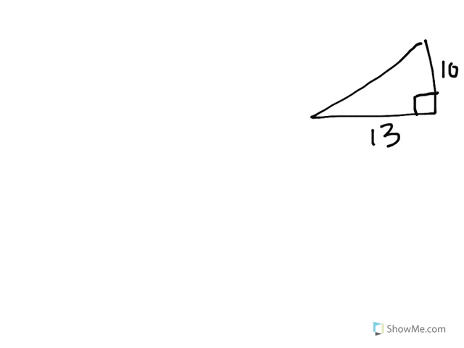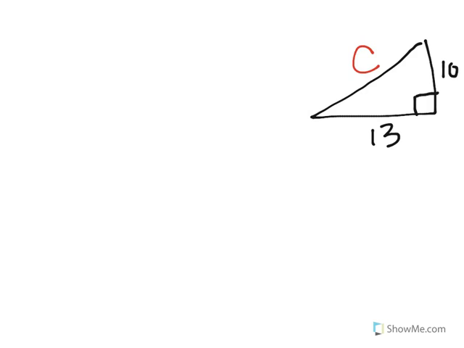Okay, we're going to look at problem number 2 on the worksheet, and this triangle has the side lengths of 13 and 10. Again, it has a missing hypotenuse length, and we're going to solve for that side. So we're going to call the hypotenuse c.